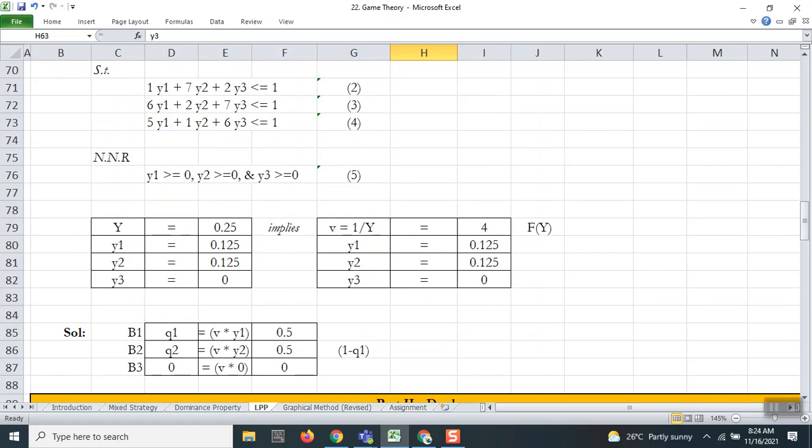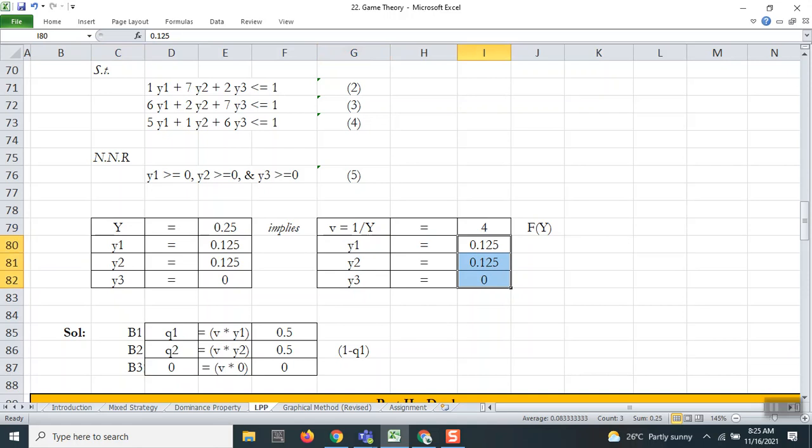We solved this problem and got the value of the objective function and also the decision variables y1, y2, and y3. From the objective function, we invert it to get the value of the game, v. We don't do anything to y1; we just put it in directly.